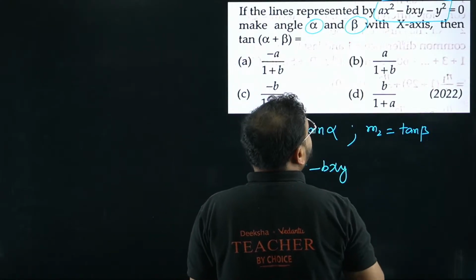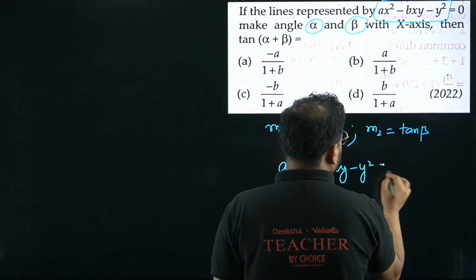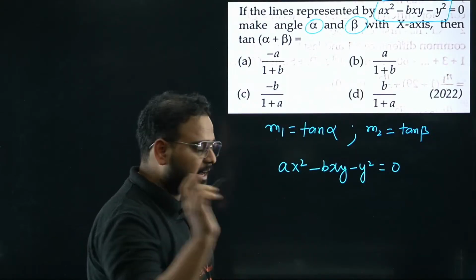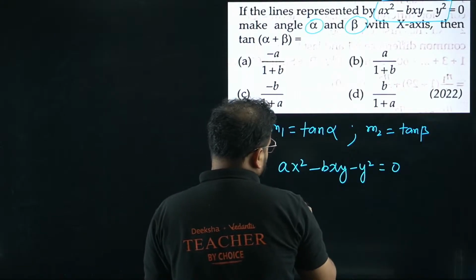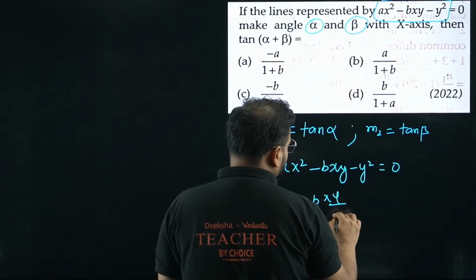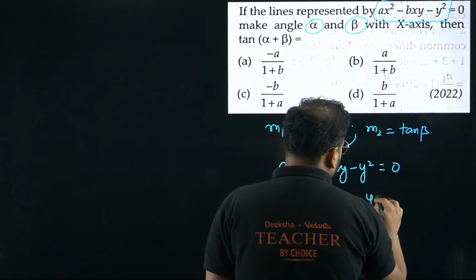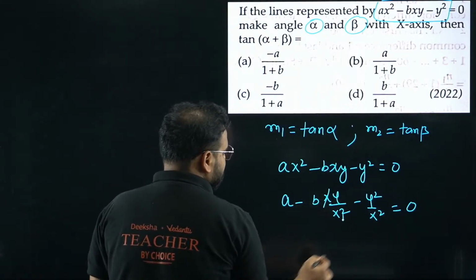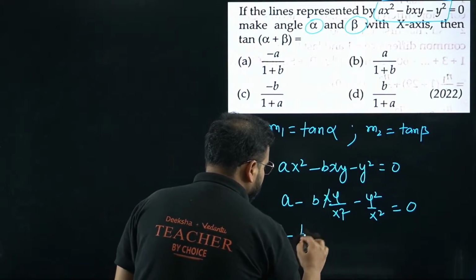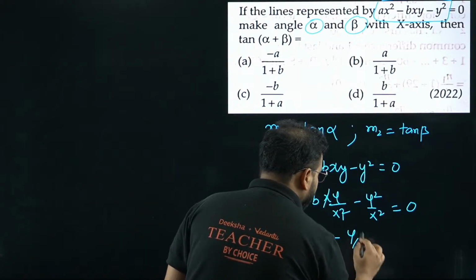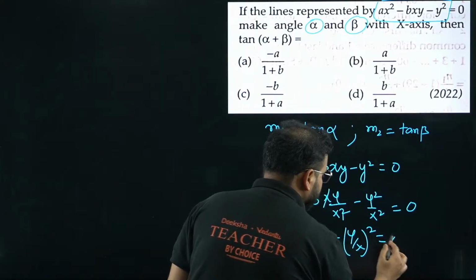Once I have this, I'm going to take the equation that we have, ax square minus bxy minus y square equals 0. Divide everything by x square. Why I'm doing that, I'll let you know as well. Please check. I have a on the left, then bxy upon x square minus y square upon x square equals 0. Cancel, cancel. I have a minus b (y by x) minus (y by x) the whole square equal to 0.